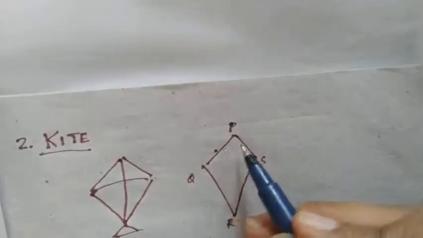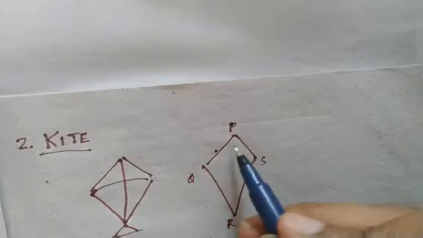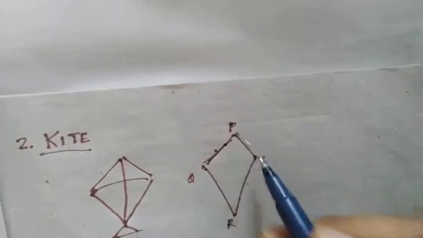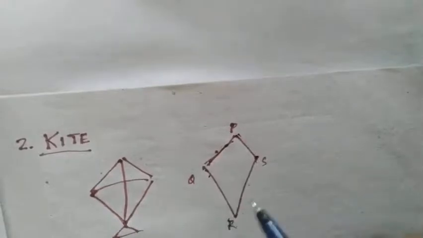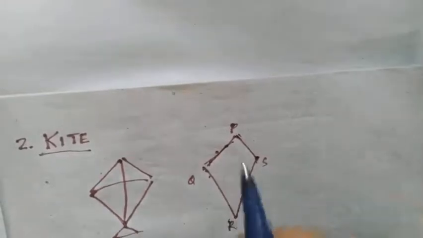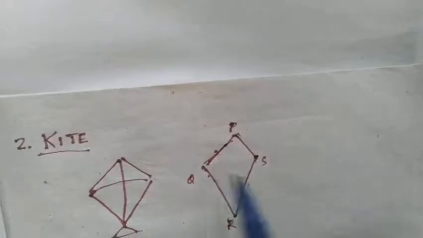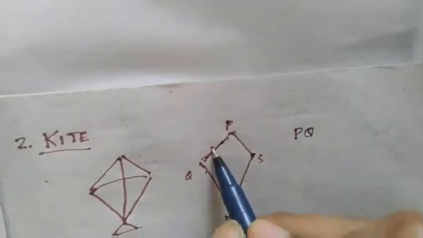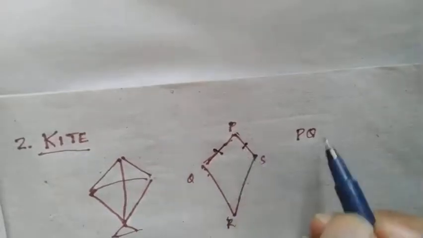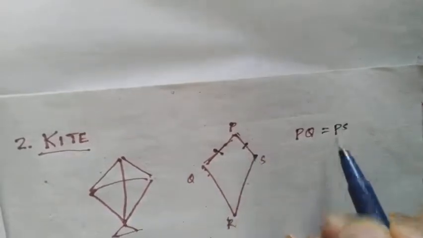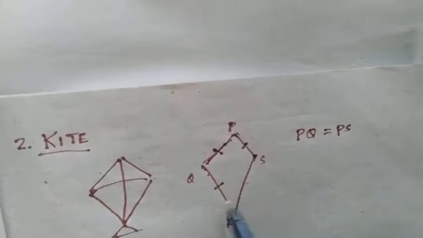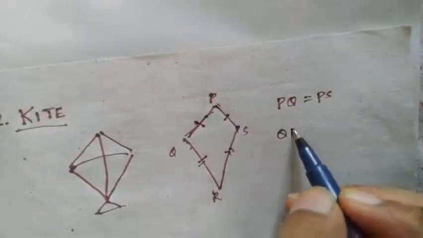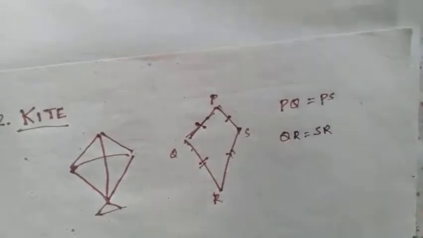So here two adjacent sides, PQ is adjacent to PS, QR is adjacent to SR. Even though you have 4 adjacent sides, we are considering adjacent side PQ. PQ is equal to PS and QR is equal to SR.